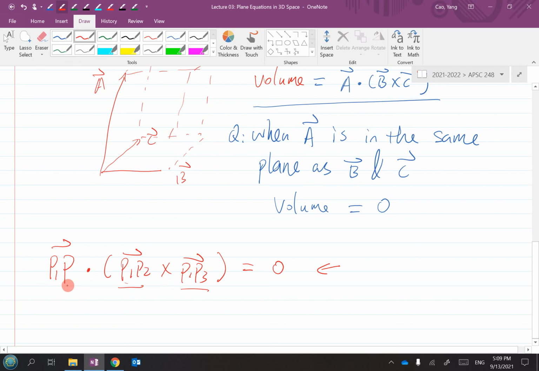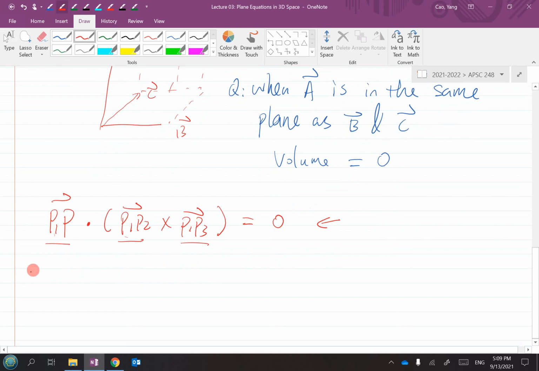P we don't know, it's a variable x, y, z. But bottom line, this vector contains x minus x1, y minus y1, and z minus z1, that's P1P. And then dot, let's call this A, B, C, the results of the cross product, equal to 0.